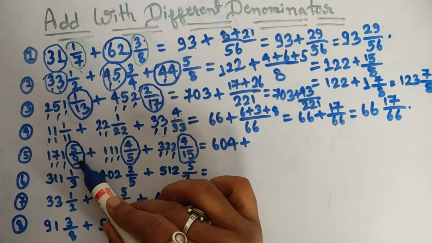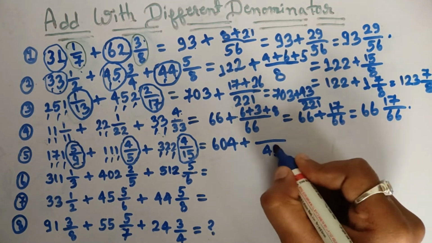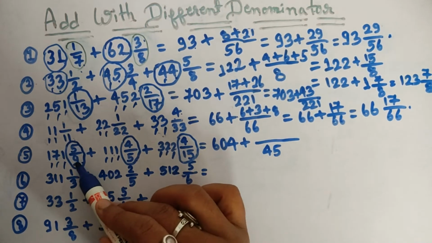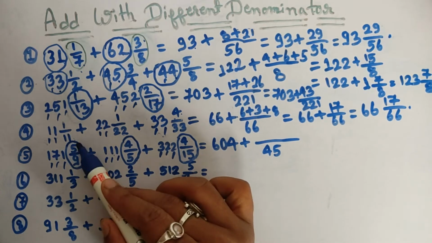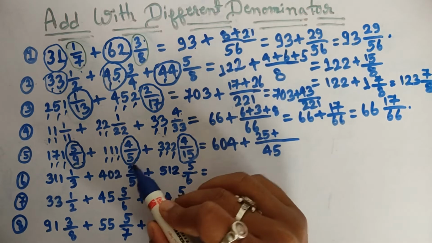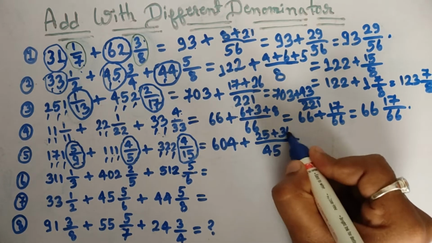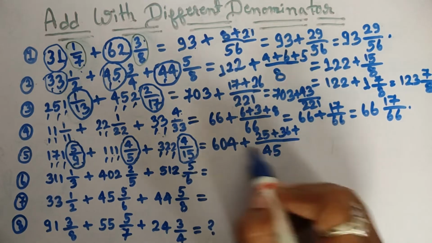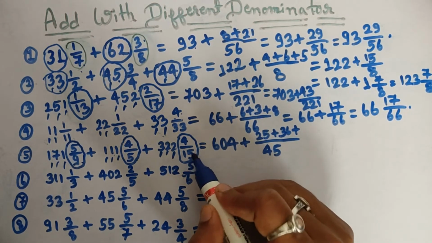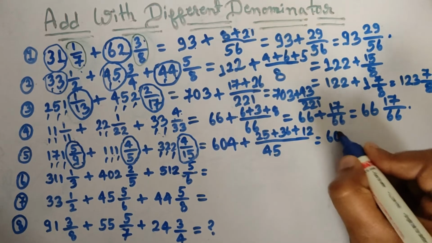Take the LCM. The LCM of 9, 5, 15 is 45. 45 divided by 9 is 5, 5 into 5 is 25, plus 45 divided by 5 is 9, 9 into 4 is 36, plus 45 divided by 15 is 3, 3 into 4 is 12.